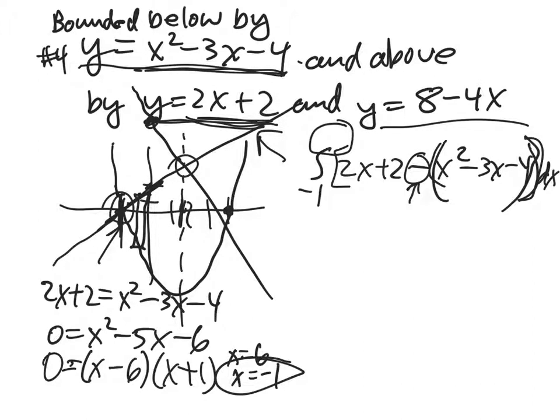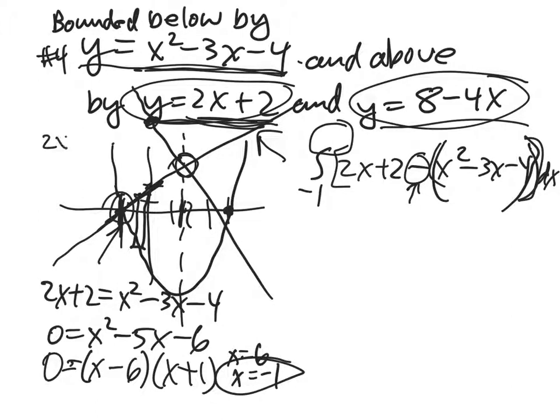Okay, then lastly, on our first integral, we've got to find the upper integration limit, which is found by doing what? 2x plus 2 equals 8. Look at your two lines. That's the intersection of the lines. So 2x plus 2 equals 8 minus 4x.